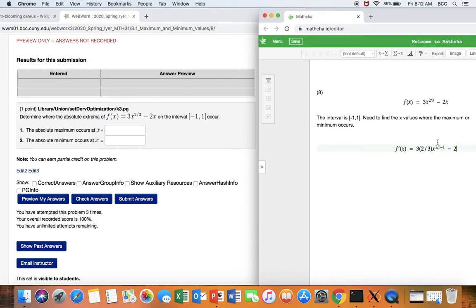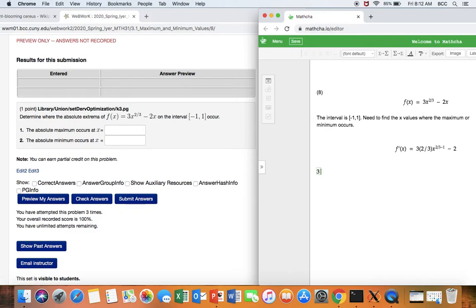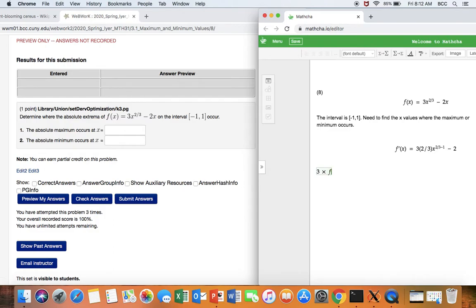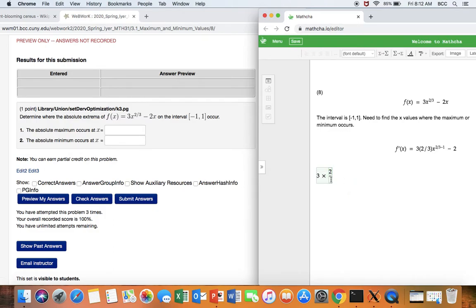Minus 2. Okay. Now, on this side, let's worry about 3 times 2/3. Let me write it as a fraction, 2 upstairs, 3 downstairs. So, notice what happens to this 3. I can view this 3 as a fraction, 3 upstairs, 1 downstairs.